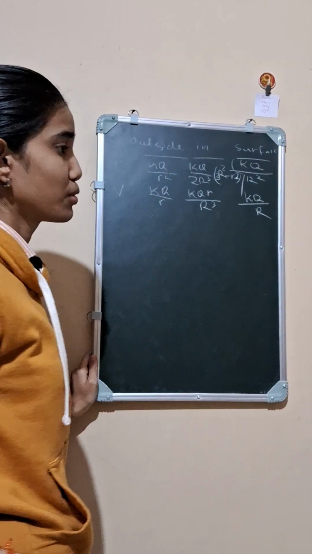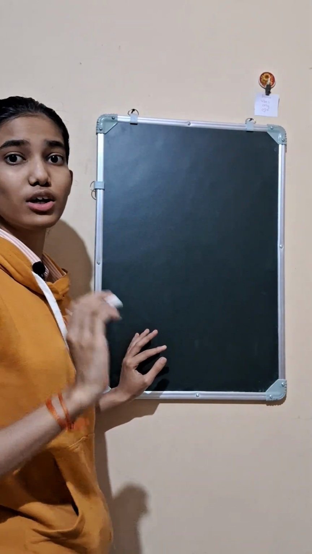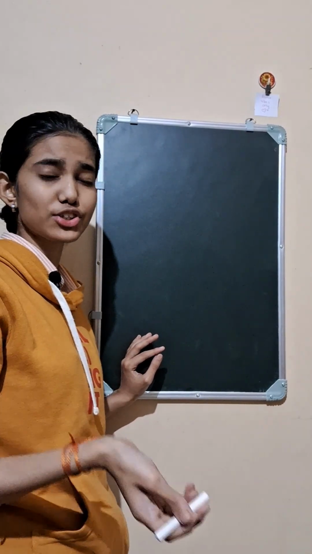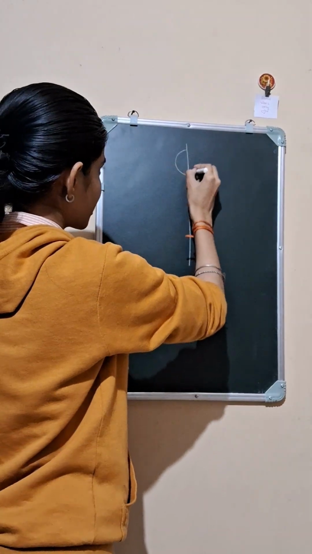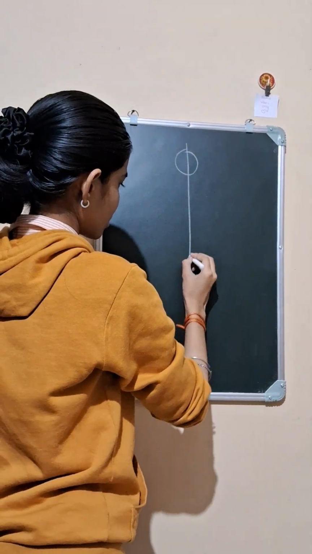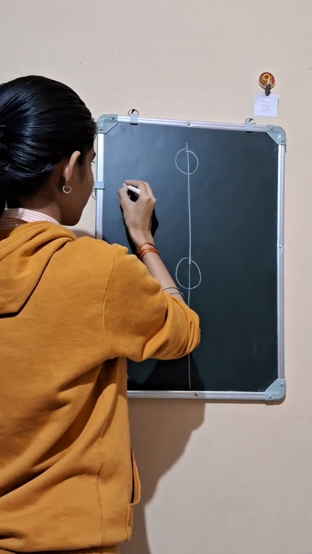So now we are going to plot the graph for it. I am going to draw the graph for potential due to gravitational and electrostatic forces. First let's draw it for gravitational force, and next we will draw it for electrostatic force.